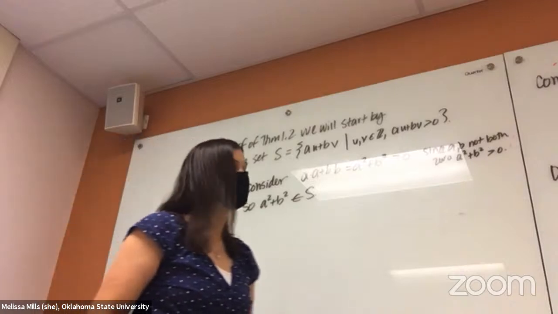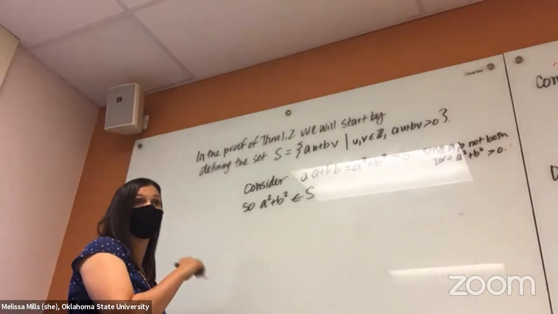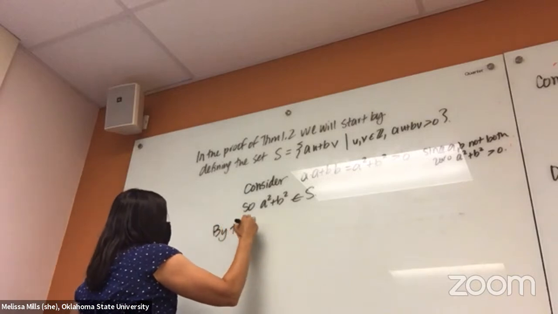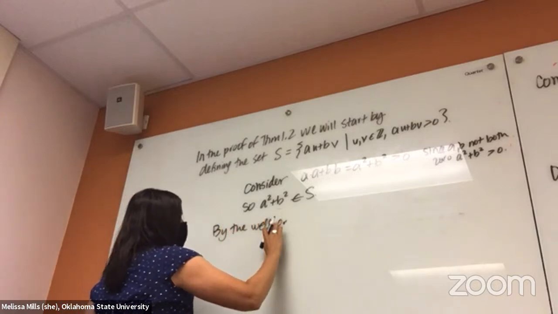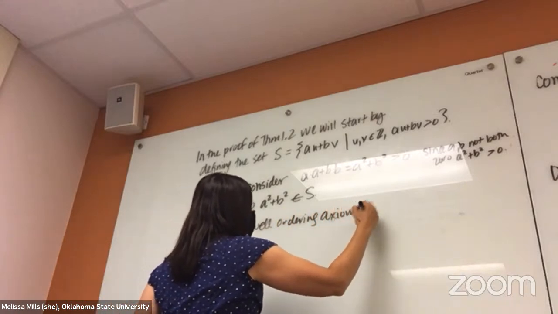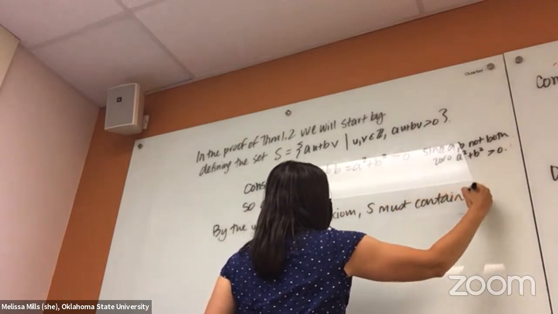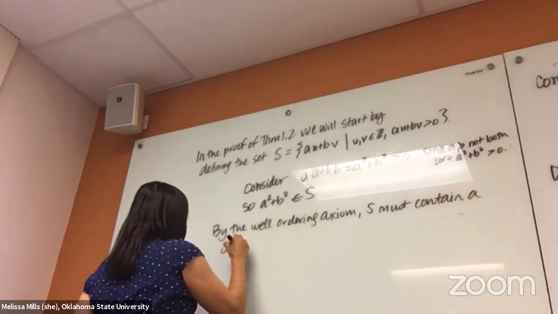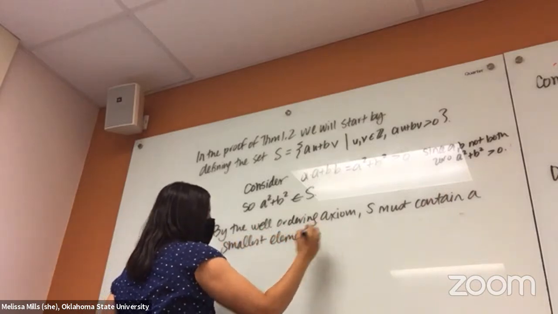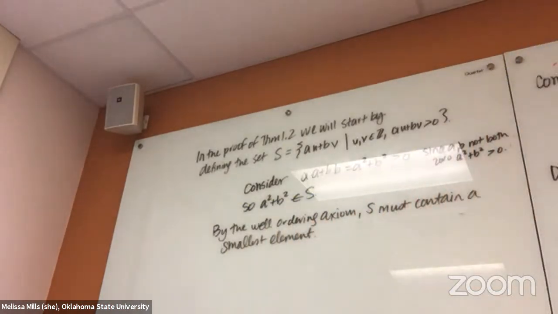All right, so we found that it's not empty, and so the well ordering axiom says that there must be a smallest one. What should we call that smallest element?